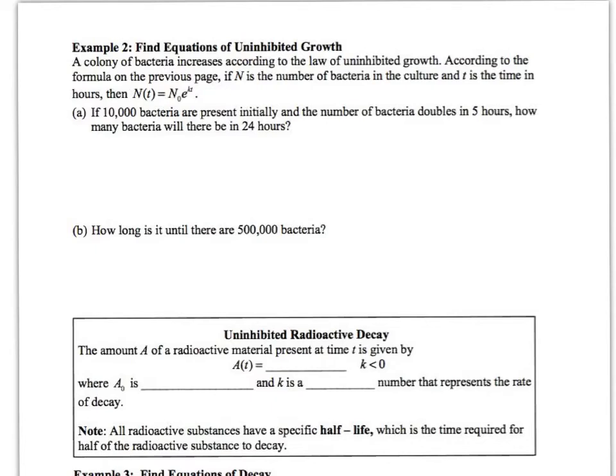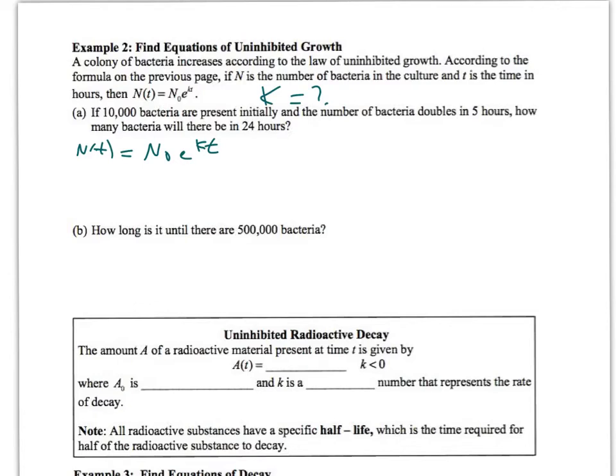Now the problem with this one, which wasn't really an issue in our previous problem, is we don't know what k is. So the big problem here is we have to figure out first, what is our value of k? Now if we think about our problem, we have N of t equals N sub 0 e to the kt. That's our general formula.